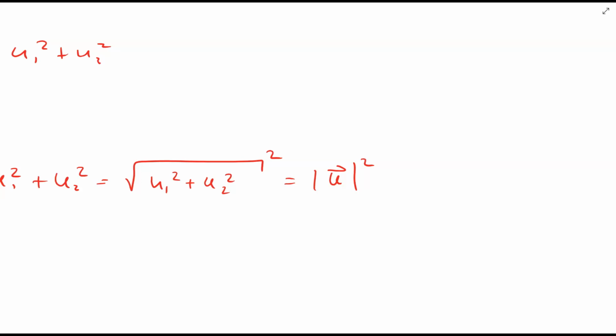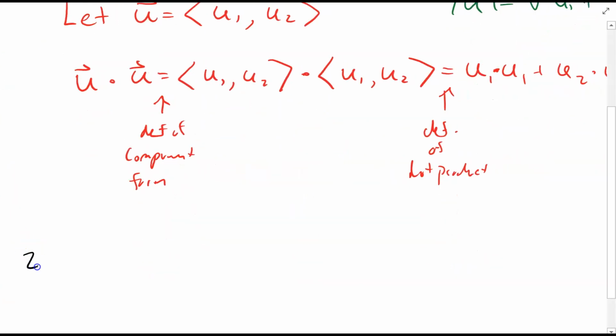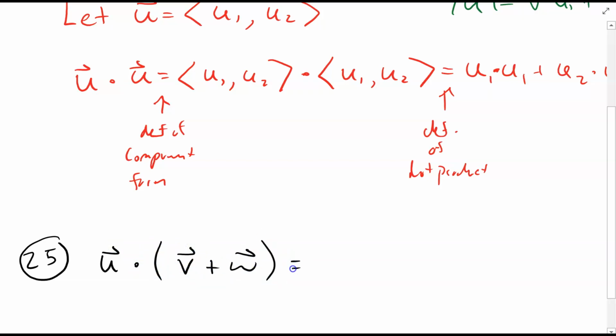So you guys want to do 25? Okay. So this is u dot (v plus w) equals u dot v plus u dot w.